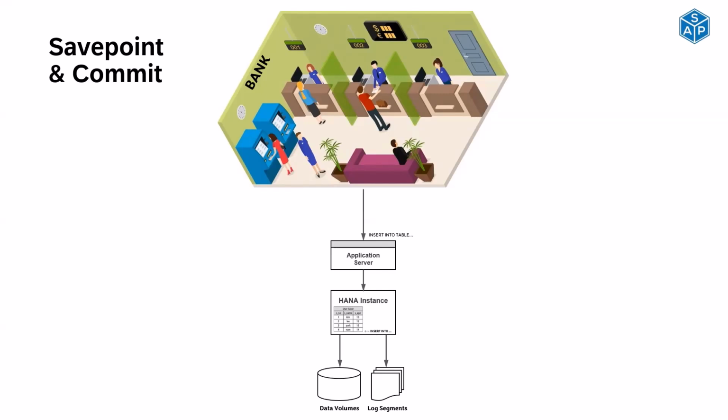The data which is loaded in the memory will not be updated in your hard disk, in the data volume. It will only update the information in your memory structure, the tables which are loaded in the memory. As soon as the application server passes the SQL query to the HANA database, the HANA database will execute that query on its data set which is loaded in the memory. Am I clear till now?